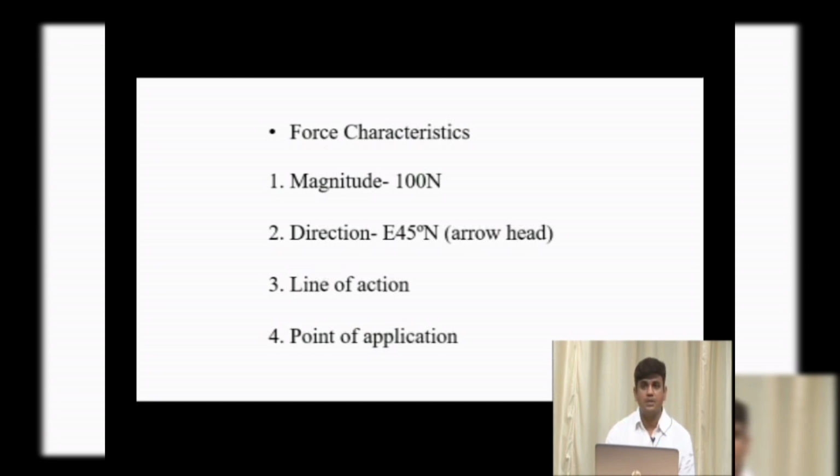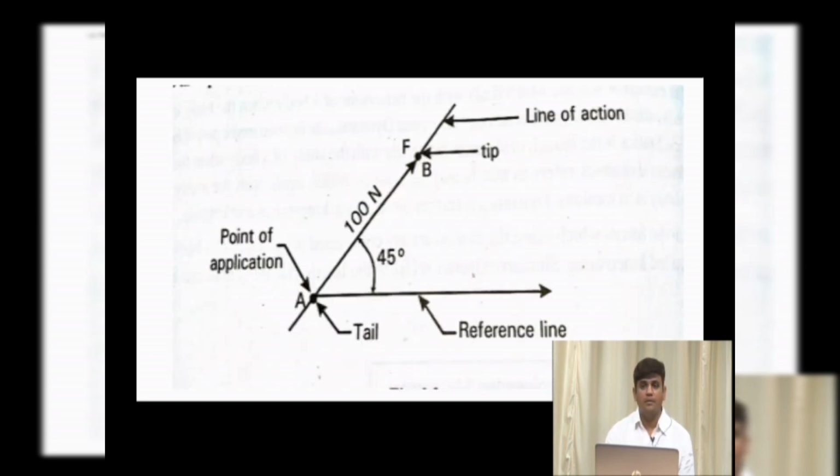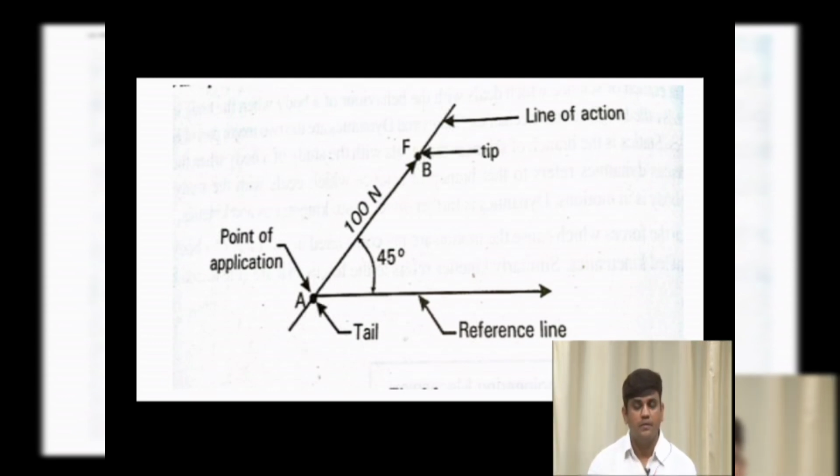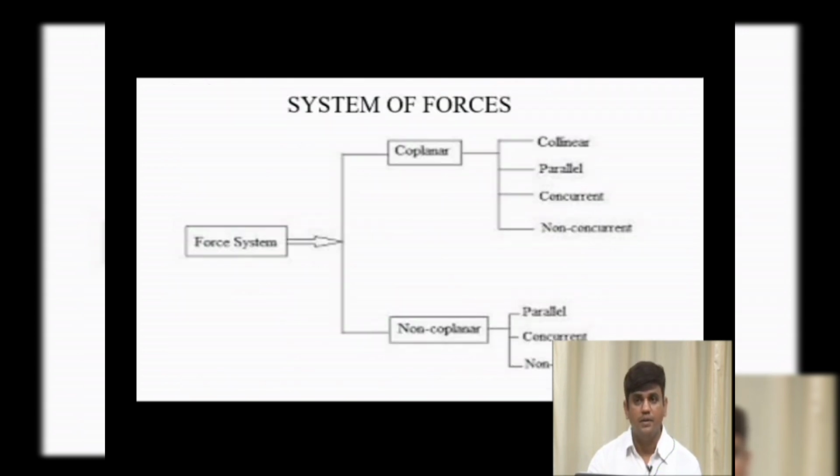At point A, which is the tail, the bottommost point, there we can observe the point of application, that is one of the characteristics of force. Line of action is one more characteristic of a force, and then the magnitude of 100 Newton with a direction of 45 degree.